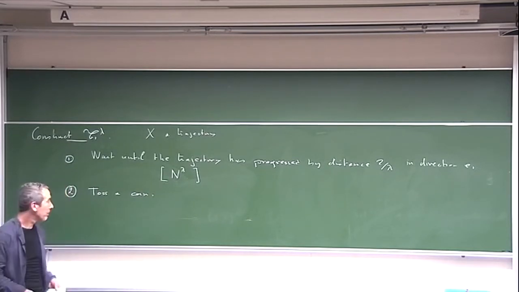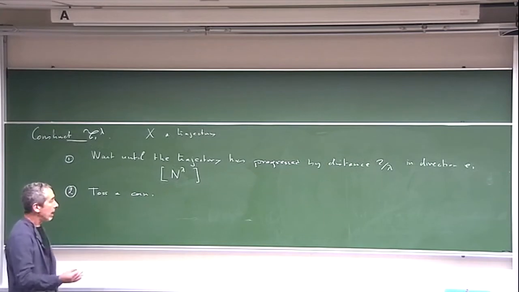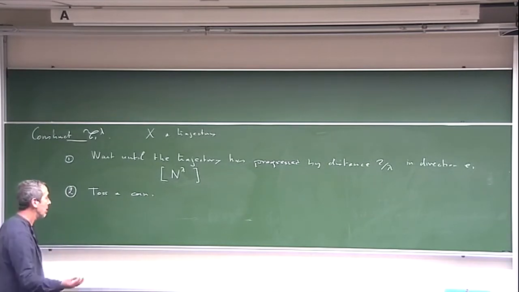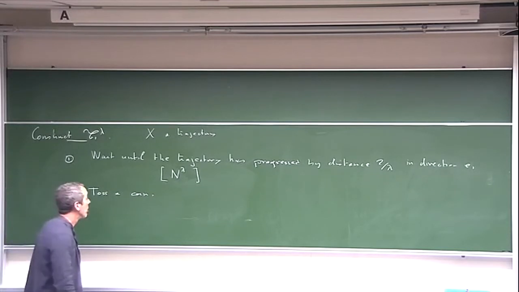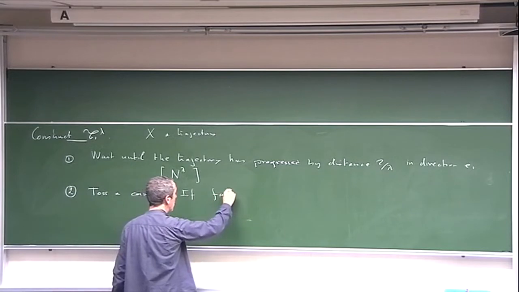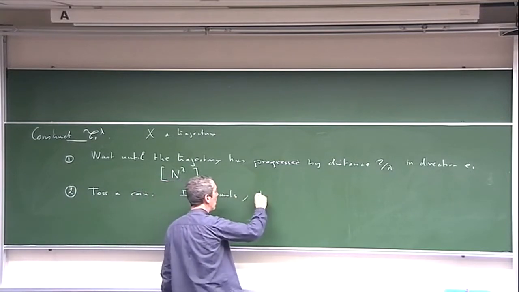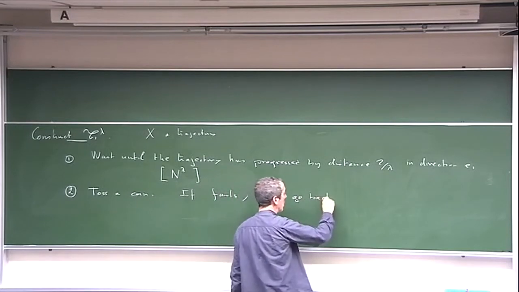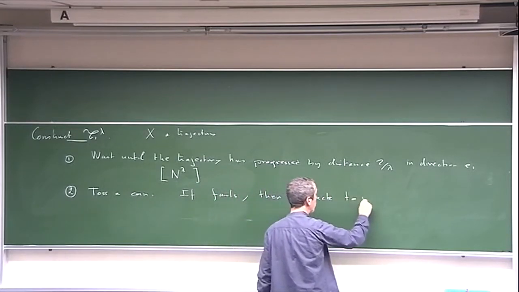So you toss a coin, and there are two possibilities. Either you get a success or a failure. If it fails, then you go back to step 1.